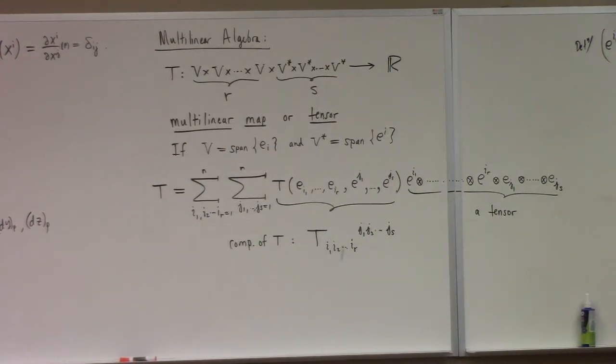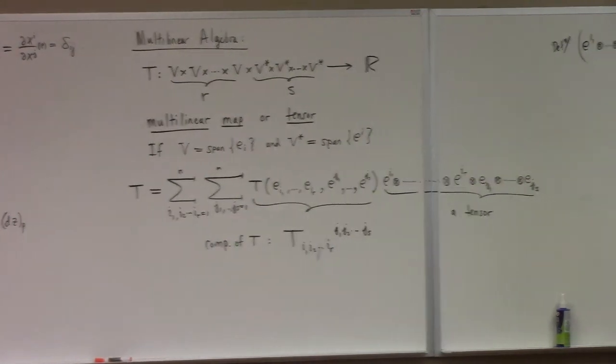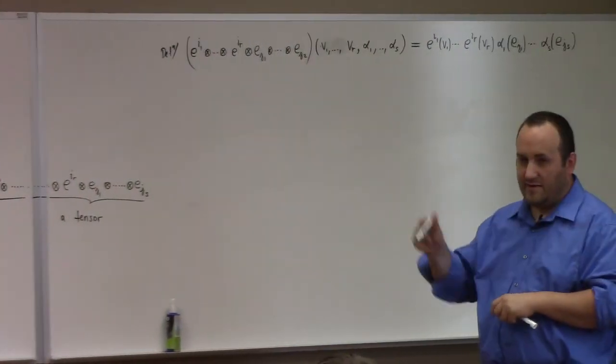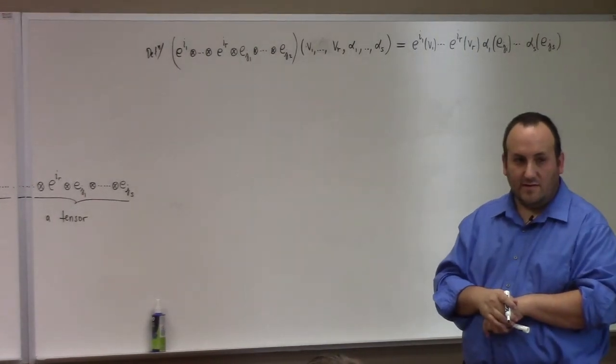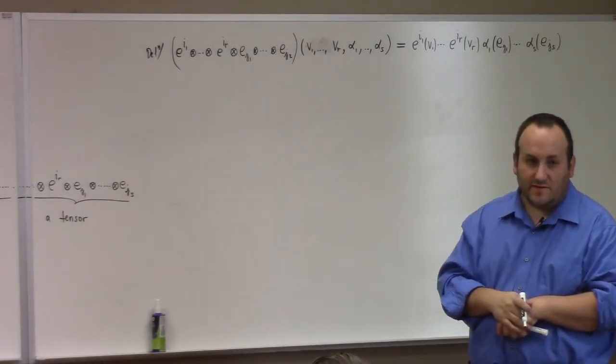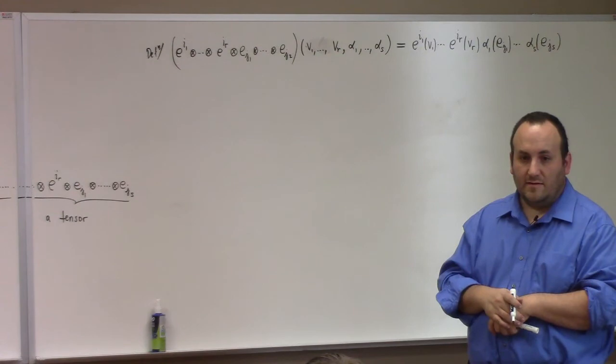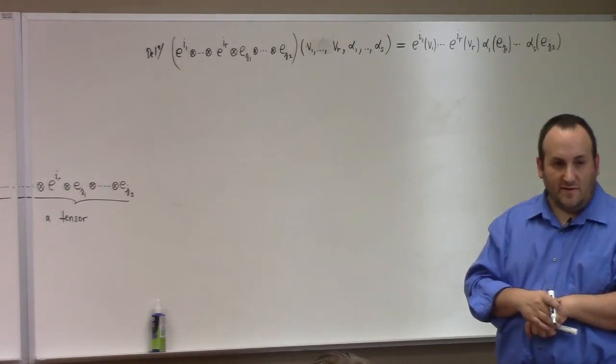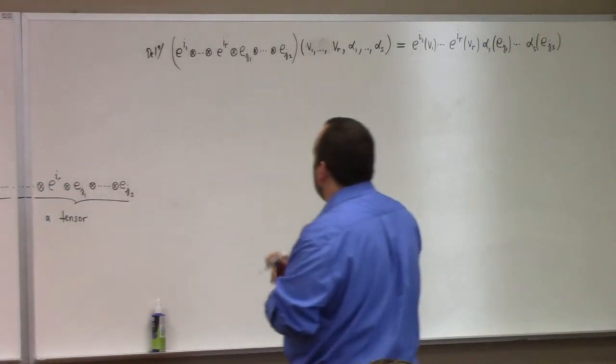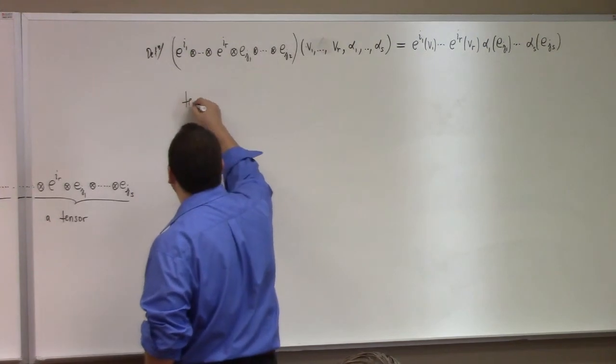So we can talk about tensors over a manifold at a point. We just replace this abstract vector space V with the tangent space, and replace V dual with the dual space, the cotangent space. And then you can talk about tensor fields. What's a tensor field?